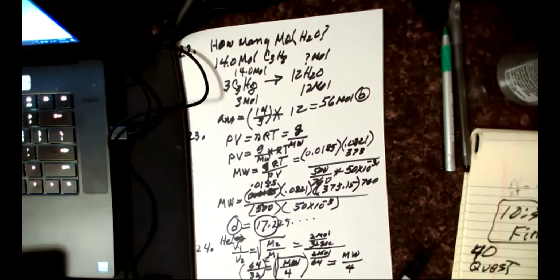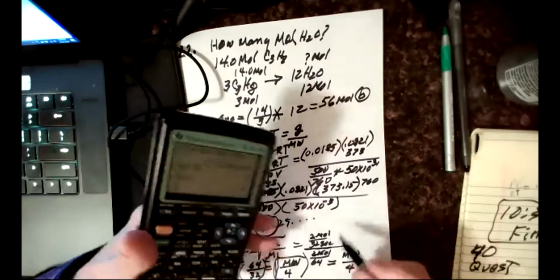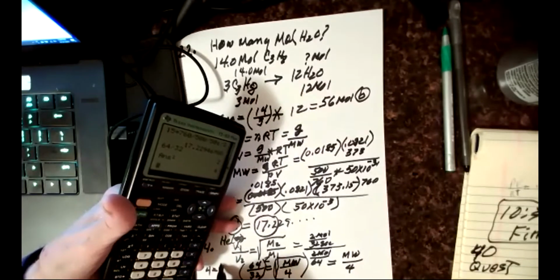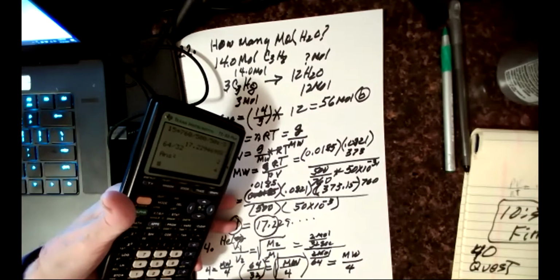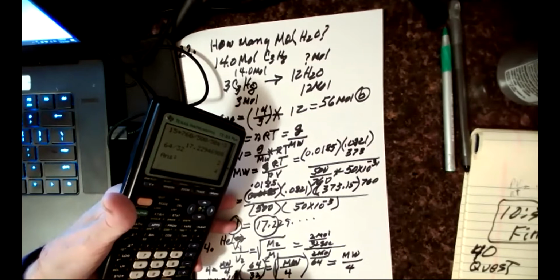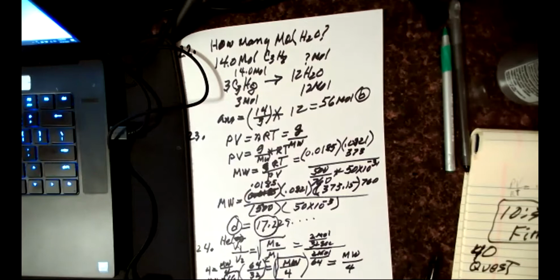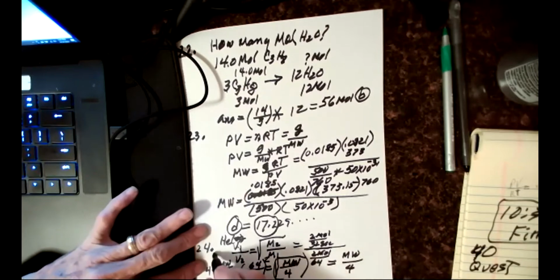And of course, that's going to be a 4. So what I'm going to wind up with is 4 is equal to molecular weight divided by 4. Molecular weight is equal to 16. That's a possibility, and it is an answer. It's A. So that's okay.